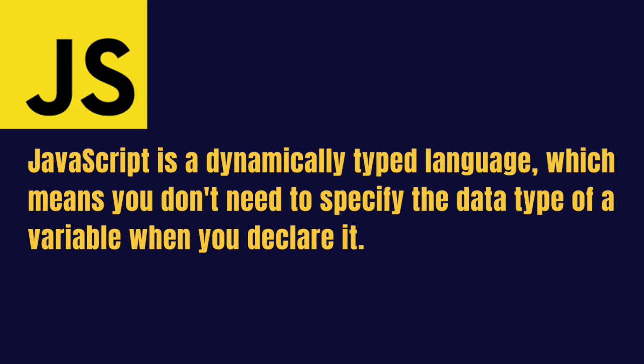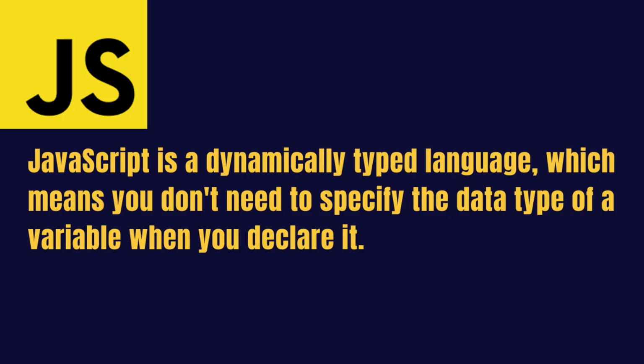JavaScript automatically knows at runtime. It will look at 42 and know that yes, 42 is a number, not a string, not an object, not an array. So the data type is automatically determined at runtime based on the value assigned.